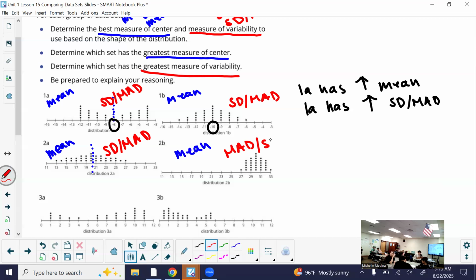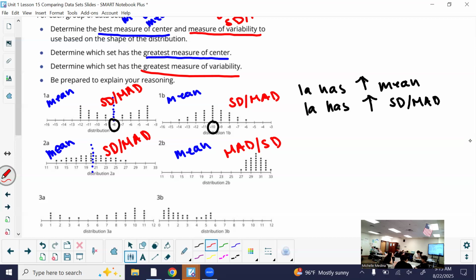Standard. Okay, good. Same meaning as in MAD. D is for deviation. So variability, how far something is.